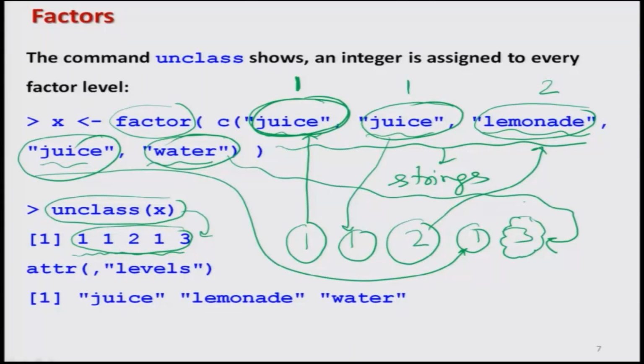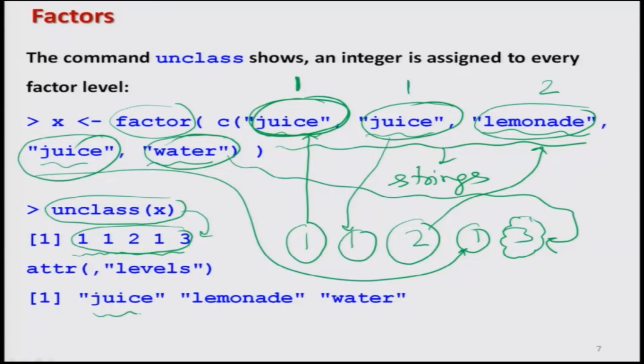So, if you try to see, R has automatically assigned a number to each of these words juice, lemonade and water. And as we had discussed earlier, these labels are arranged in alphabetical order.